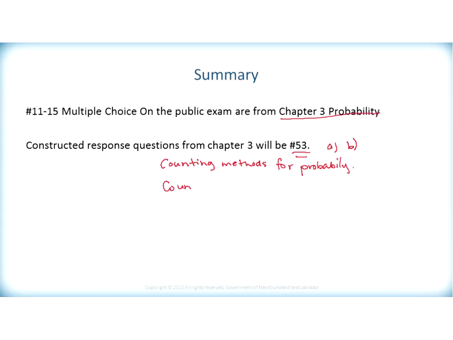And if you look at the conditional probability problems in section 3.5, they were popular on the mid-year exam. So if you take a look at those, they were slightly different than the conditional probability here on the sample.